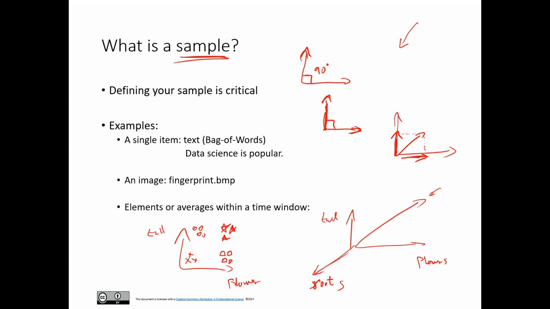All right, so some examples of samples. A single item could be, for instance, text: a sentence, a tweet, a document, a paragraph, a couple of words. All of those could be samples, and we just have to learn how to represent it for machine learning.